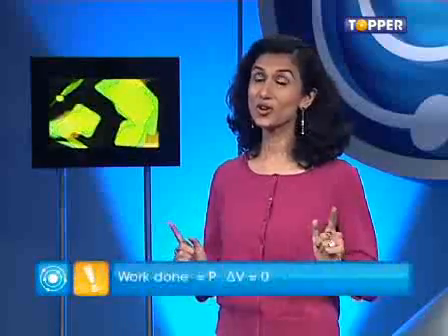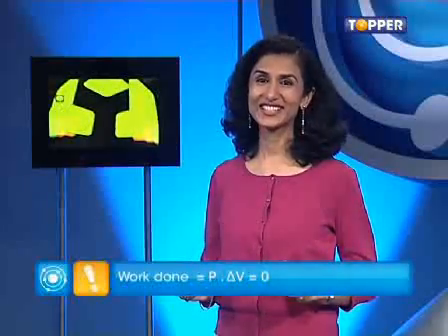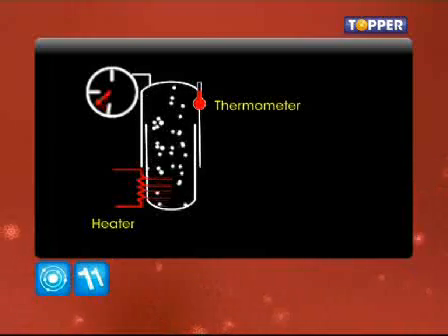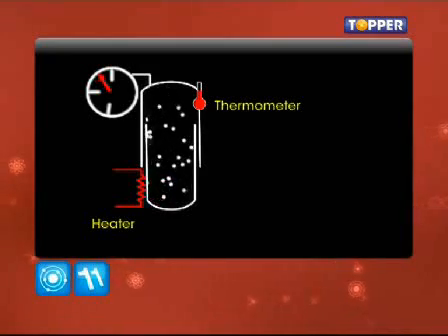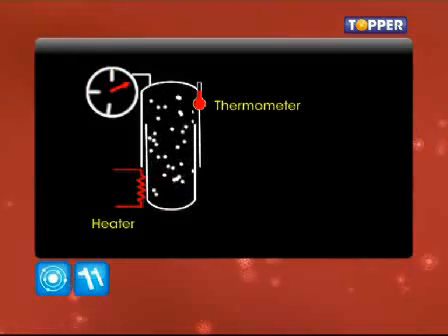But if the volume is constant, then change in volume, delta V, is zero. So there's never any work done in a constant volume process. This implies that all the heat supplied will increase the internal energy of the system, and delta U will be equal to delta Q in a constant volume process.